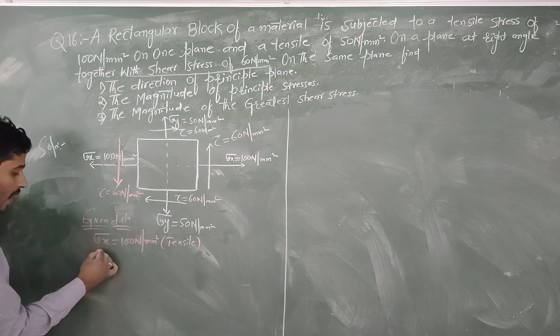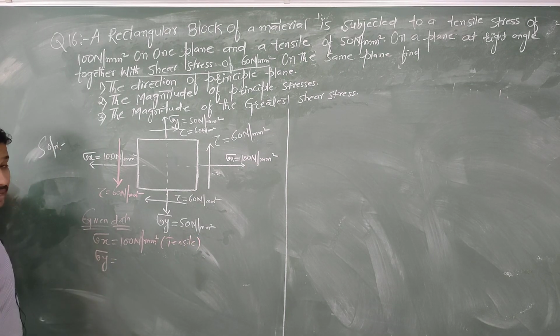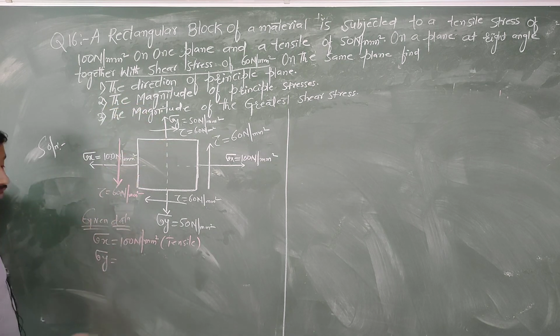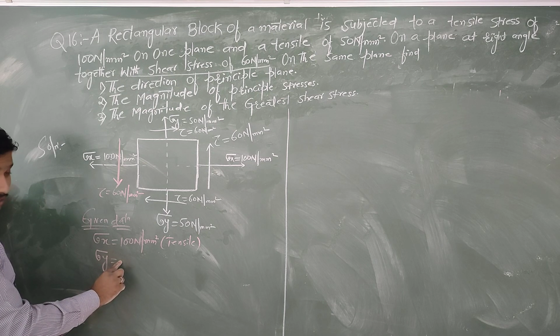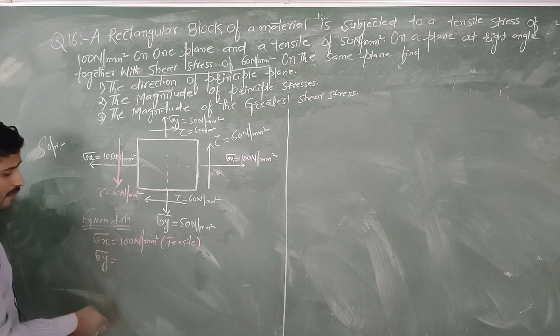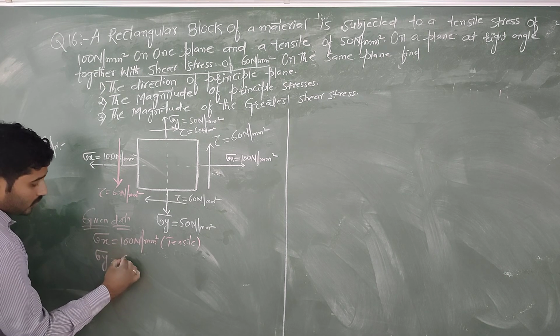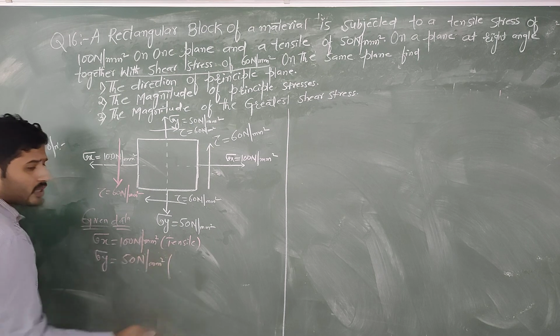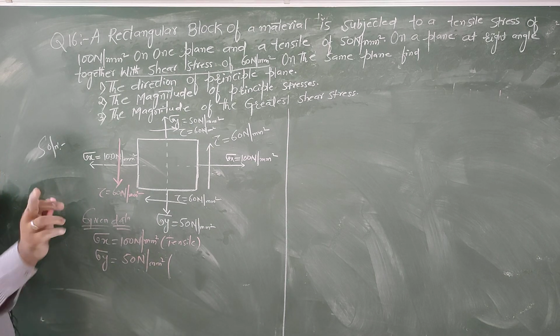Sigma y, remember dear, is sometimes given as compressive. If it is compressive, you have to consider it as minus, but here it is given as tensile, so I am taking it as positive, 50 N/mm². The same procedure applies; we just change the sign.